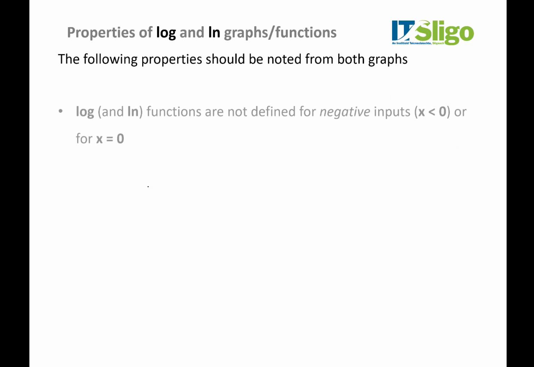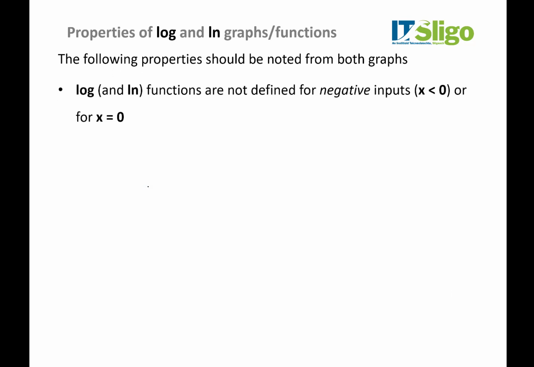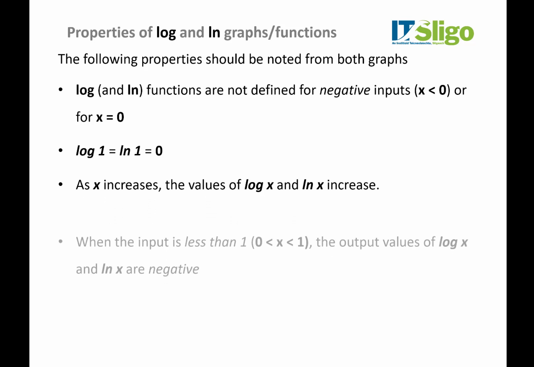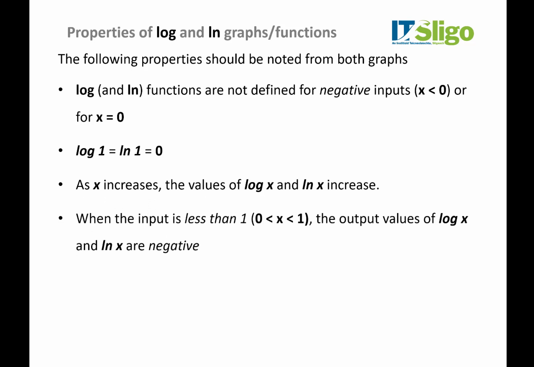So this is just all of that written down in words: not defined for negative inputs or for when x is 0. As x increases, they both increase, log and natural log. Between 0 and 1, this is where I described the values. Our output values increase negatively.